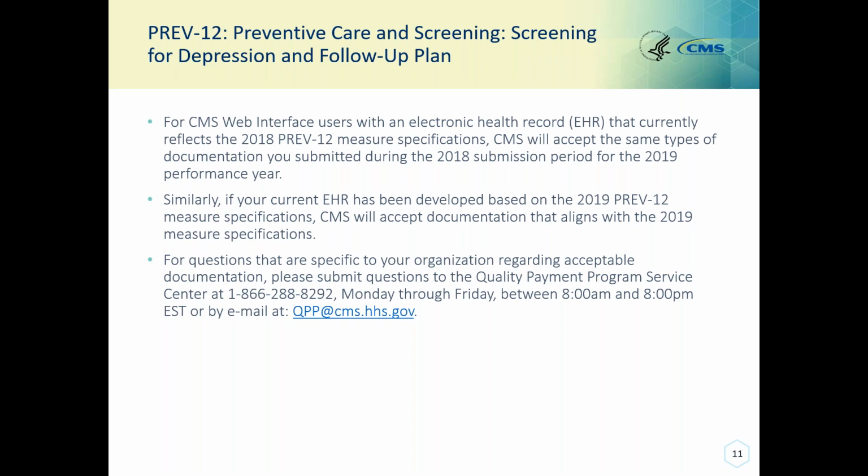Okay, great, thank you. All right, next question is from Lisa Kuhn. So Lisa, we've unmuted your line and you may go ahead. Hi, thank you. My question has to do with Prep 13. How far back are we supposed to be looking for that active or history of the ASCVD diagnosis in their medical record?